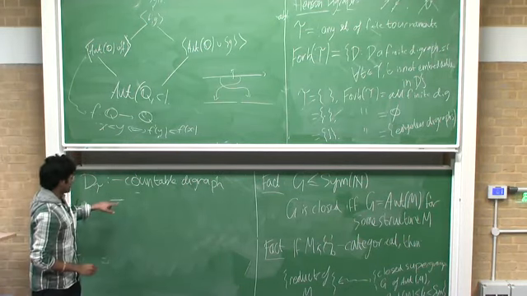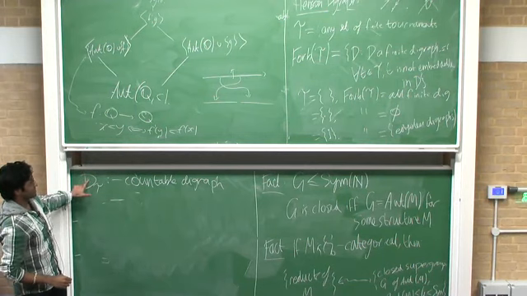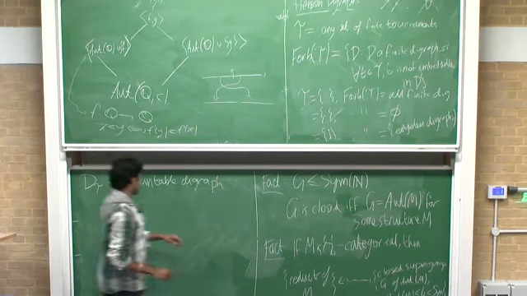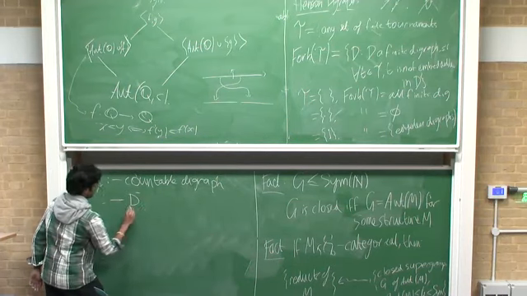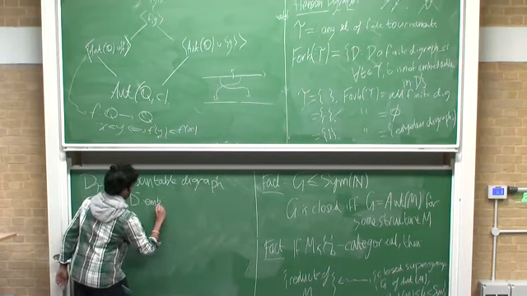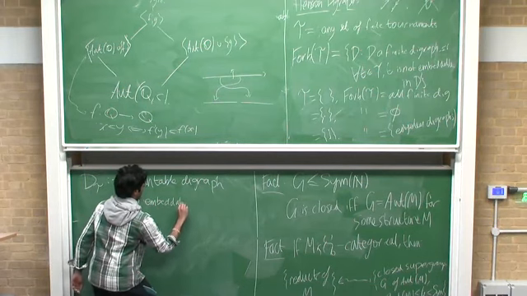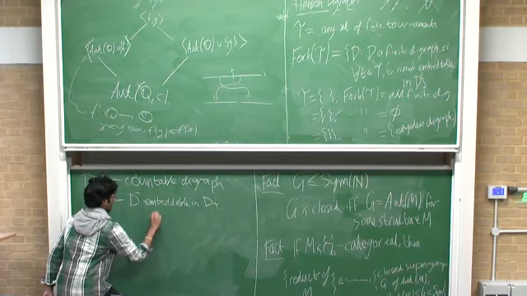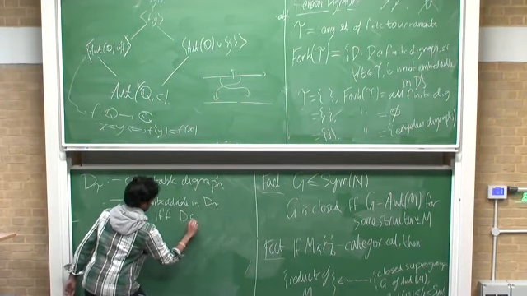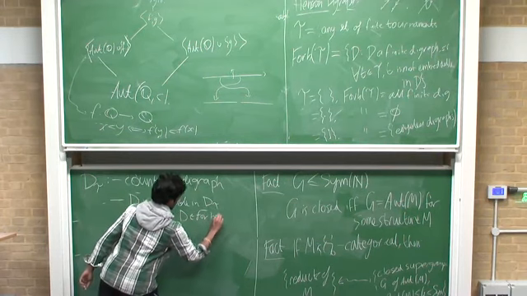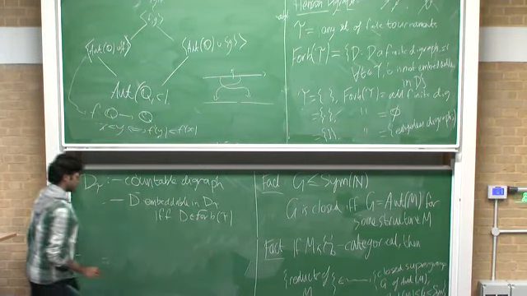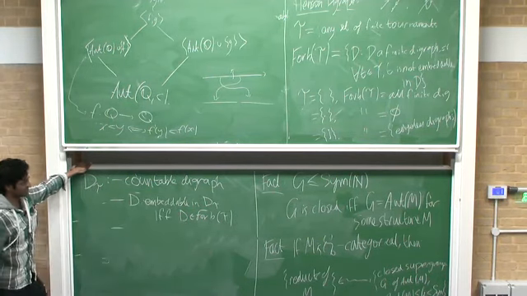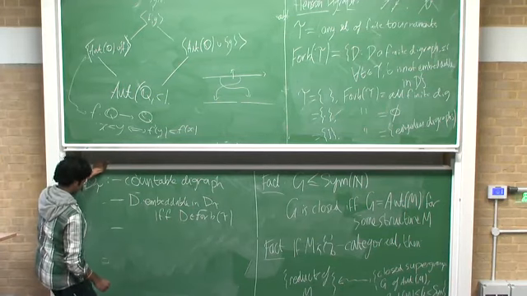The second thing is that a finite digraph D is embeddable in D_T if and only if it came from Forb(T). And the last condition is of being homogeneous.